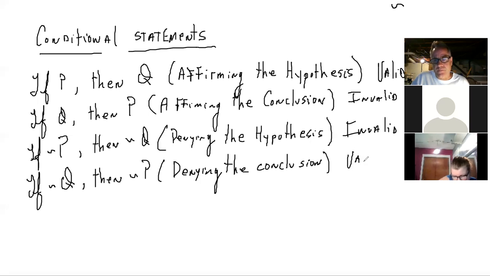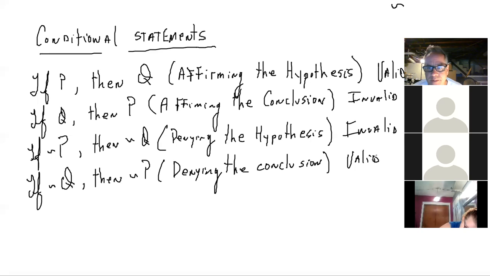That is valid. That does logically connect. If you assume the conclusion is not true, you can show that the premise itself was not true. Those two logically connect.